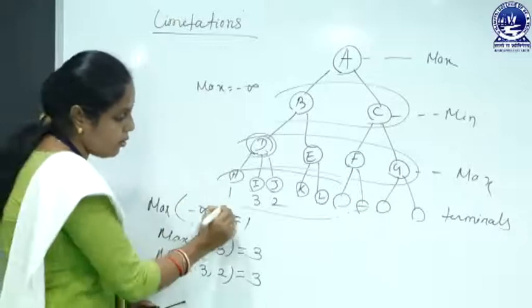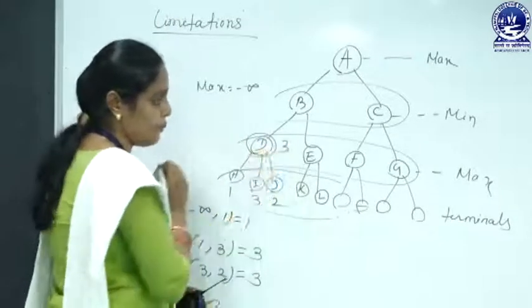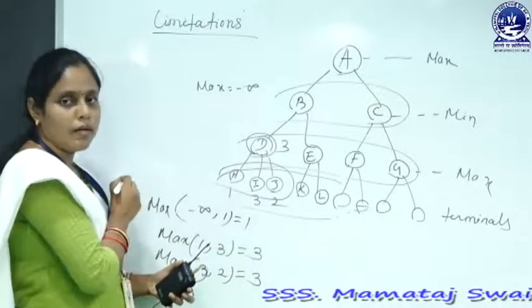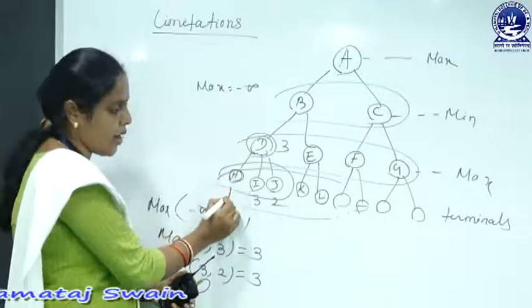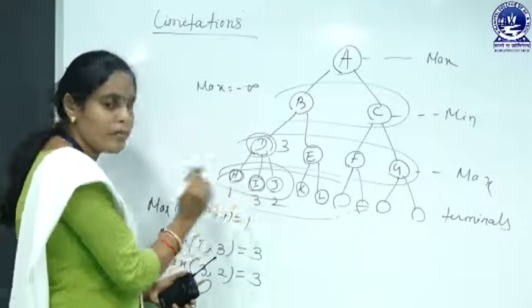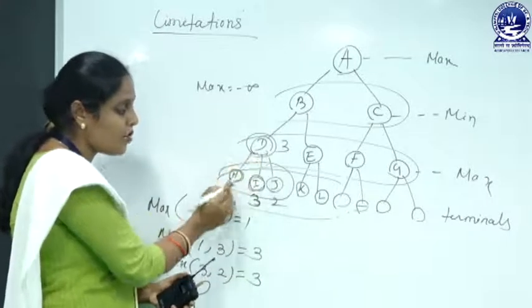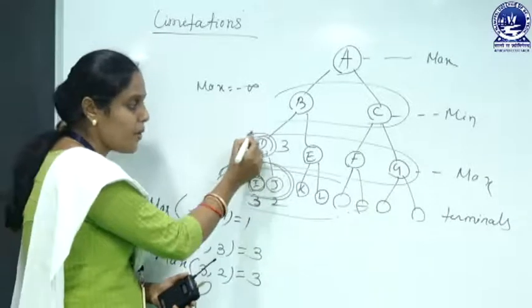Now look at this, the maximum value for this node D is 3. Now look at the terminals of node D. Here the terminal H has value 1, and the terminal I has value 3. Now this 3 value is the maximized value between these terminals, and this value is the maximized value for this node D.